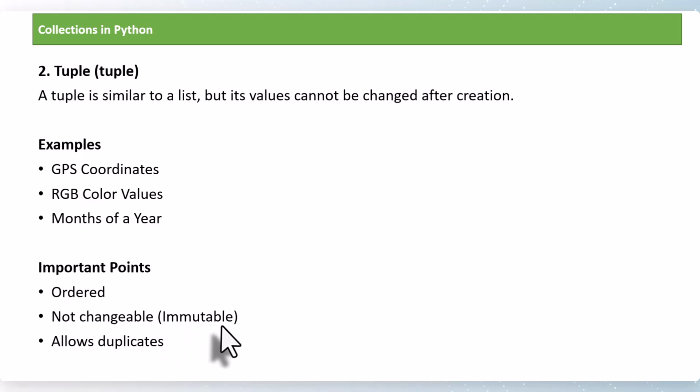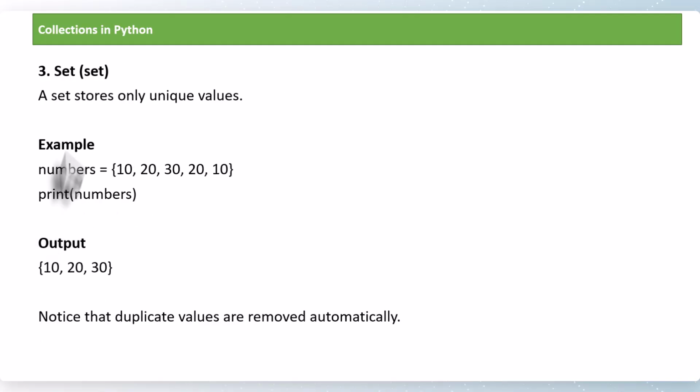Tuple is immutable. Once the tuple is created, you cannot change the elements. And tuple is also allowing the duplicates. We are going to discuss the properties again in the upcoming lessons.